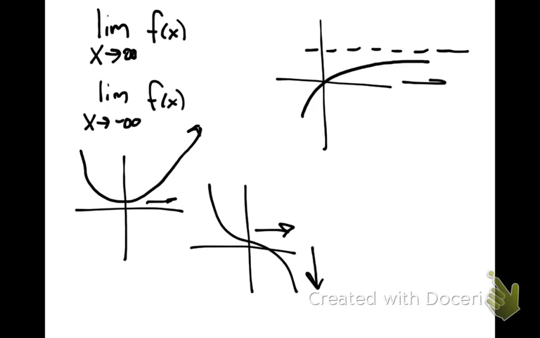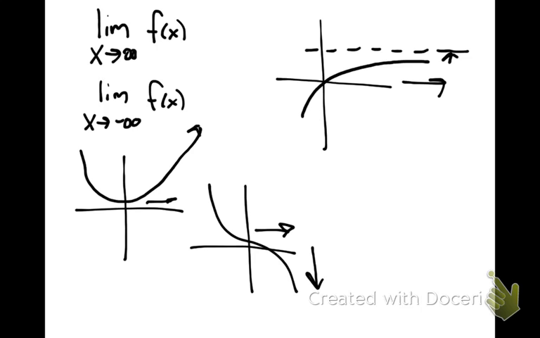All right, so as x gets bigger, y values are approaching this horizontal asymptote. Right, it can level off. So in this case, where it's approaching some horizontal asymptote, the limit as x approaches infinity is some value.